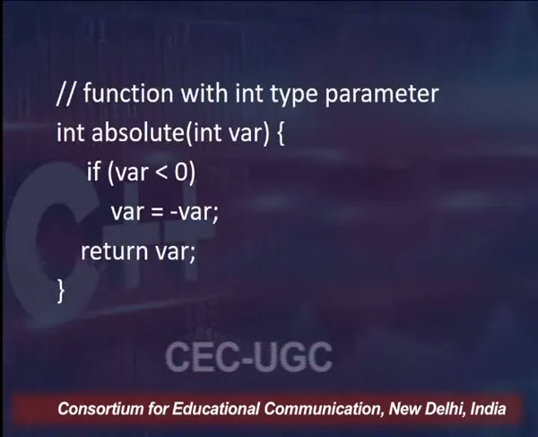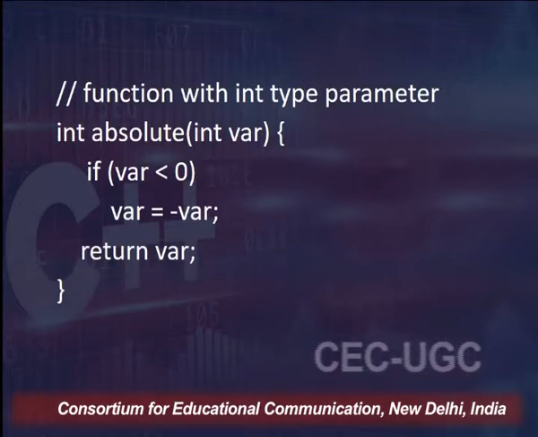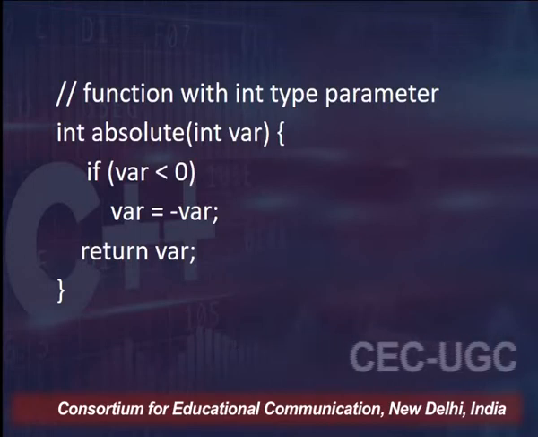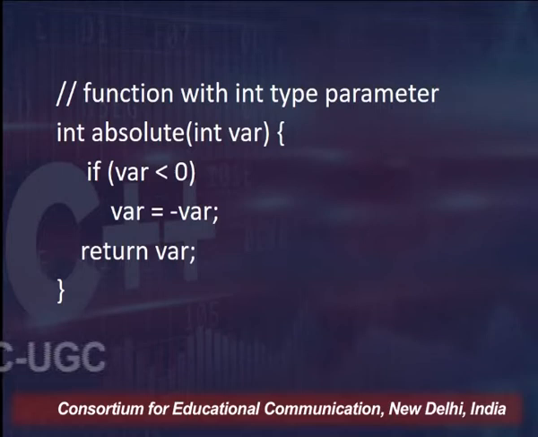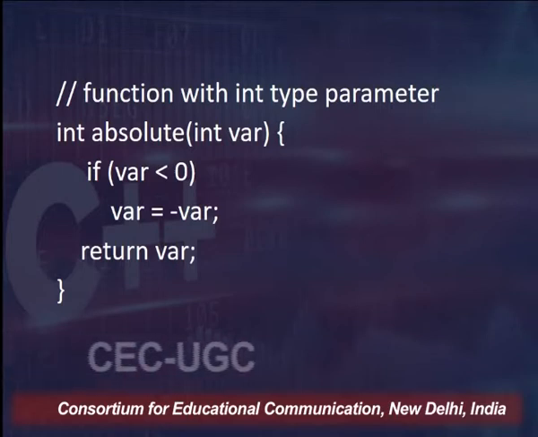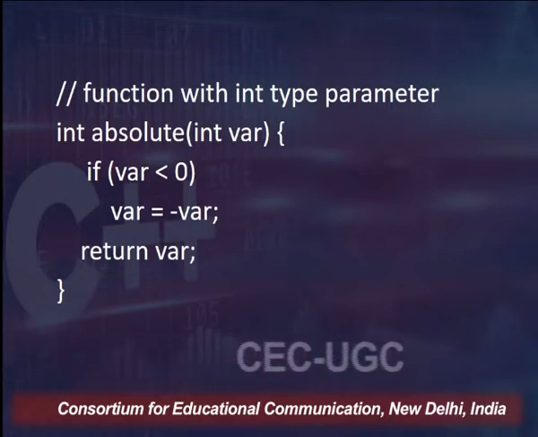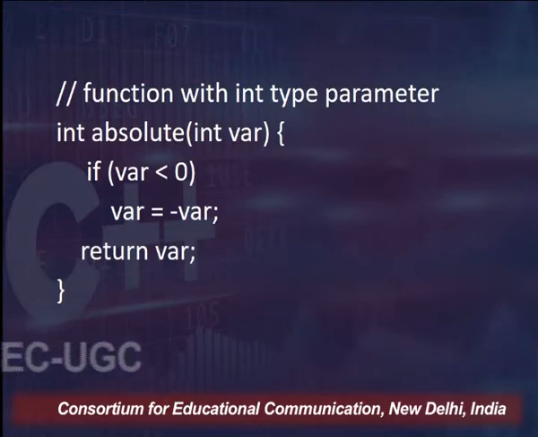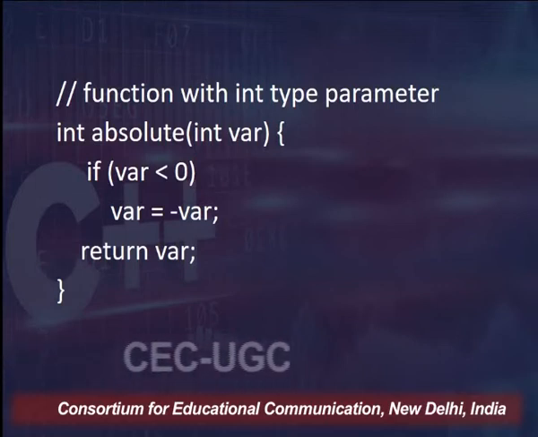Now coming to the version of the absolute function with an integer type parameter. What is the change between the previous one and this one? Here the return type is integer, the name of the function is the same, that is absolute, but the type of parameter is different. If variable is less than 0, variable equals minus variable, and then we return the variable.